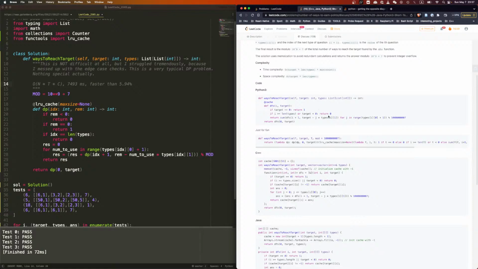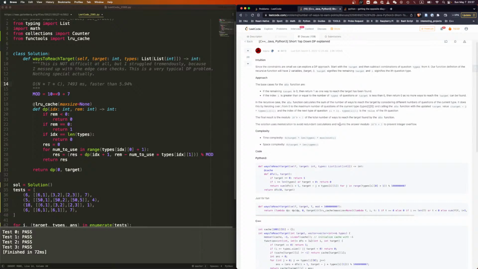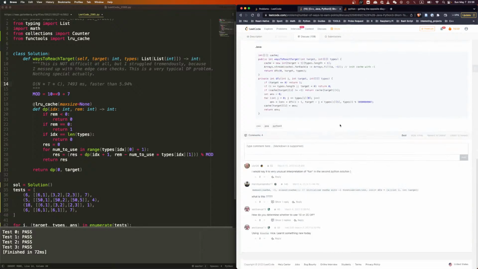If it's large, or this returns 0. Yeah, you can sum. That is true. Yeah, it's a pretty simple one.